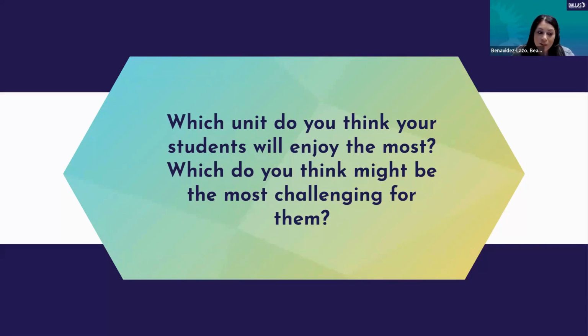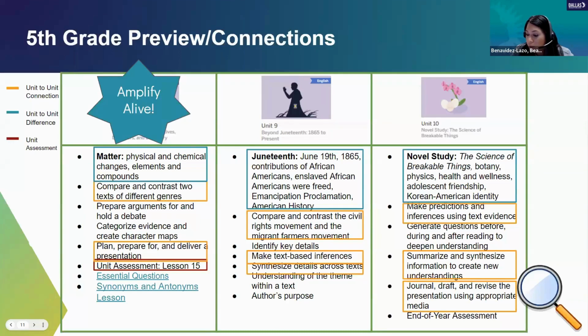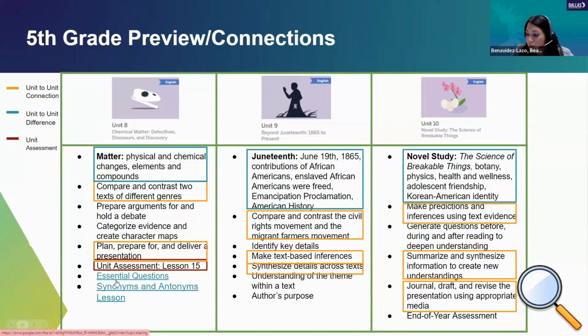But don't worry, because they're all opportunities to still hone in on their writing and on those context clues. One thing I think I didn't mention that I want to go back and mention is at the bottom of these, you'll see essential questions. But under those, you'll see the synonyms and antonyms lessons.